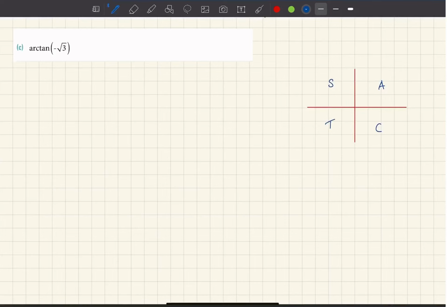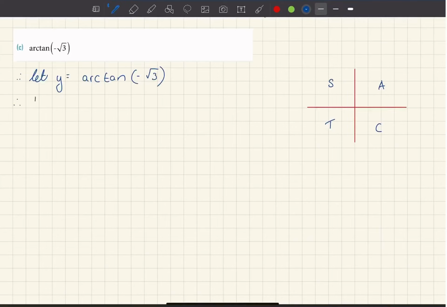And in this last example, we've been given arctan of negative root 3. Let's set this out correctly again. So therefore, let y equal arctan of negative root 3. Let's define the domain. Therefore, y, think about the tan function here, it's between negative pi on 2, that's 90 degrees, let me just write that a little bit neater.